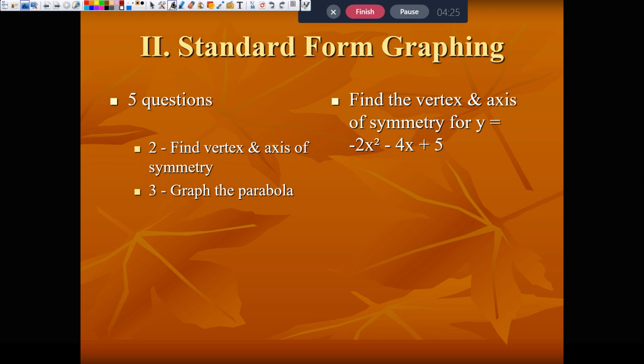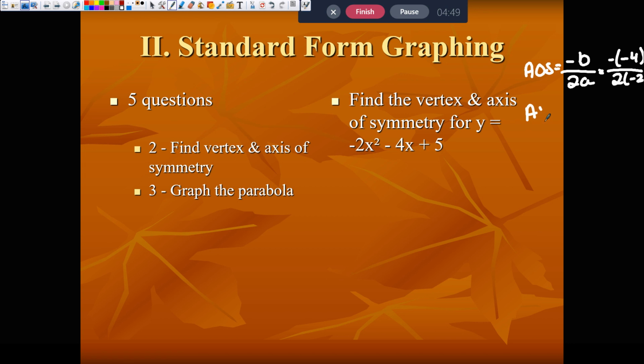So the first thing that we have to do is find our vertex, which we have to find our axis of symmetry. So axis of symmetry equals negative b over 2a. So negative b, negative 4, over 2 times negative 2.